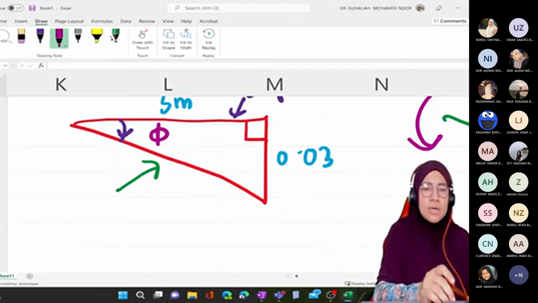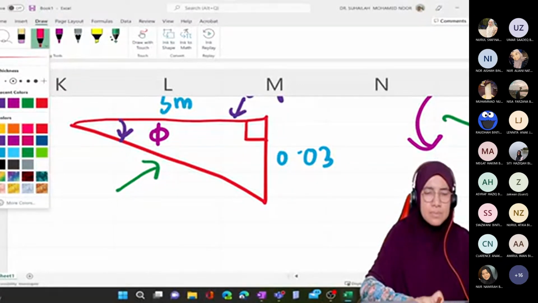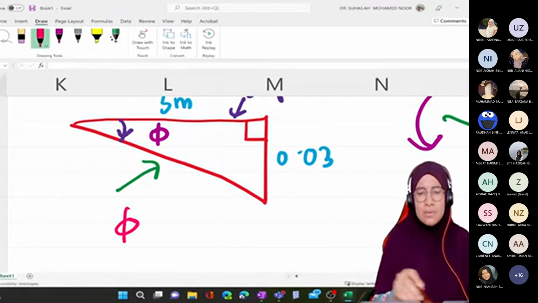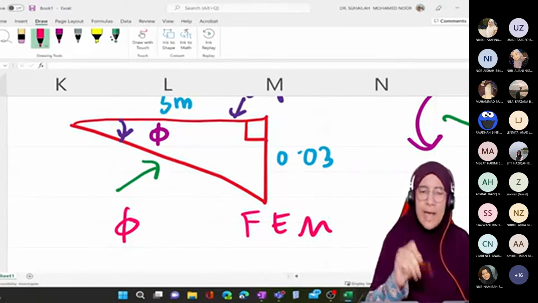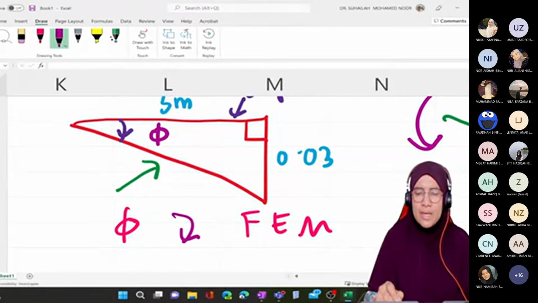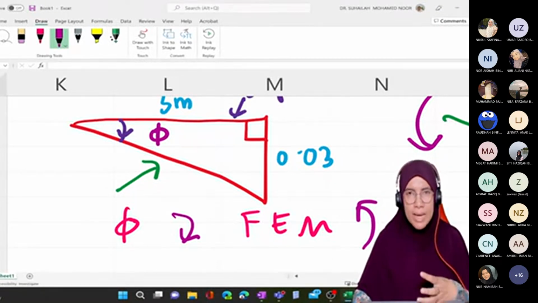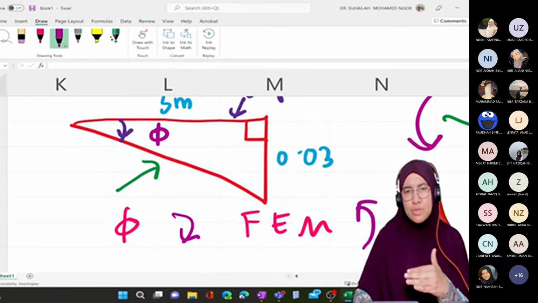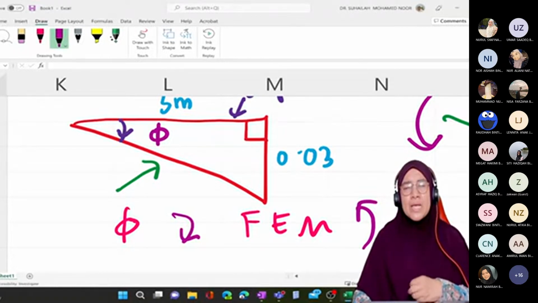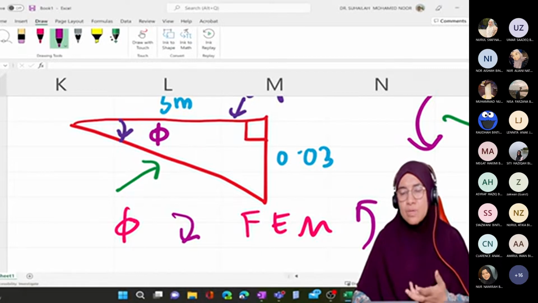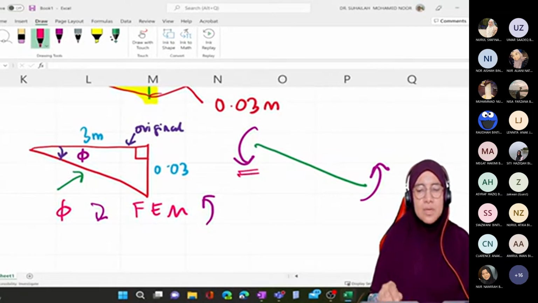We measure chord rotation from original position to new position. If the angle is clockwise, FEM is opposite, FEM is counterclockwise.